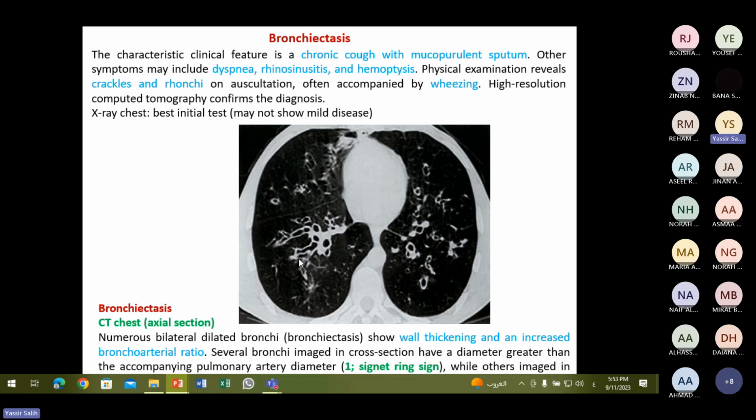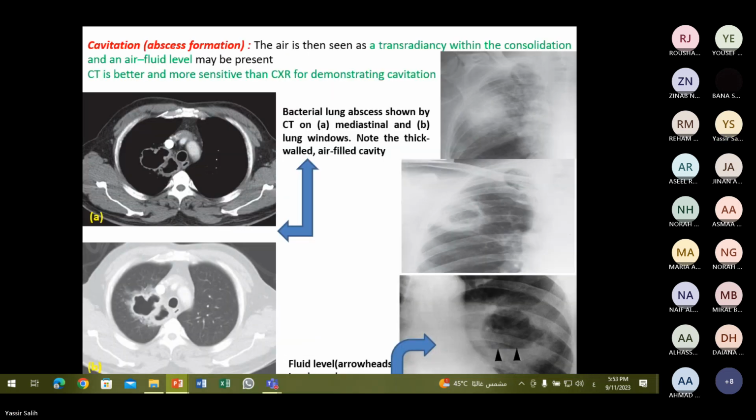Tram track sign also is a sign that can be seen on the X-ray or CT. إذا عرفنا tram track sign and the signet ring sign دي المهمات جدا in diagnosis of bronchiectasis.